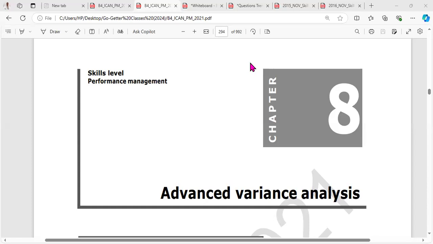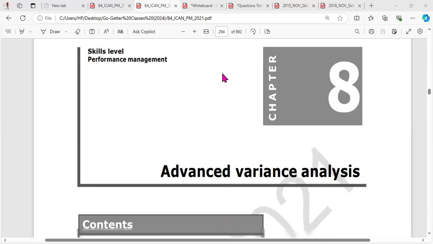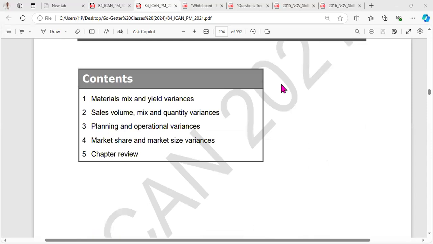Today, we are going to go to advanced variances. Now, let us see a brief of what we shall get in the advanced variances. We shall be looking at something called materials mix and yield variances.